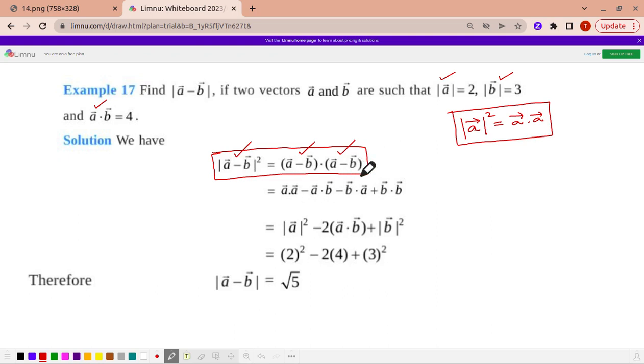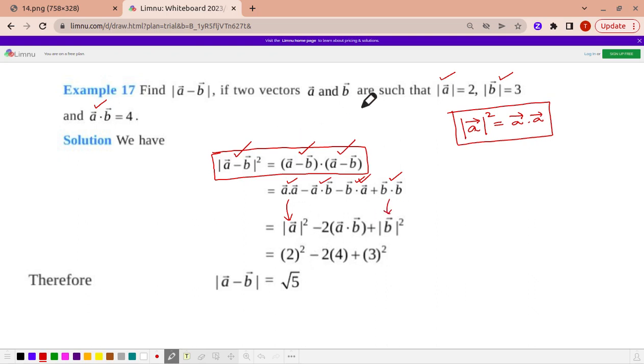By the distributive property, it is A dot A minus A dot B minus B dot A, and minus 1 into minus 1 is plus 1, B dot B. We know A dot A is equal to mod A square, and we know the scalar product is commutative, so B dot A is equal to A dot B. So it becomes minus 2 into A dot B, plus B dot B, which is mod B square.